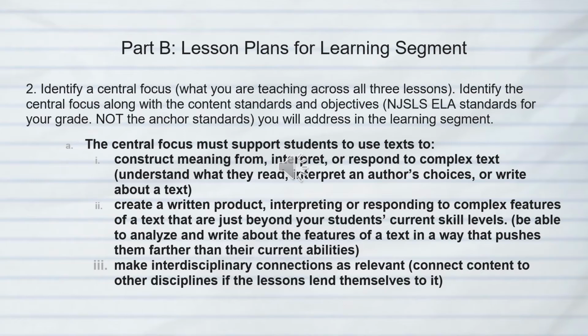So you need to challenge and push students to be able to analyze and write about features of a text in a way that they haven't been able to do before. The third thing that you need to have your central focus do is you need to have students making interdisciplinary connections. So you need to connect what they're learning in your class to a different class or a different subject.